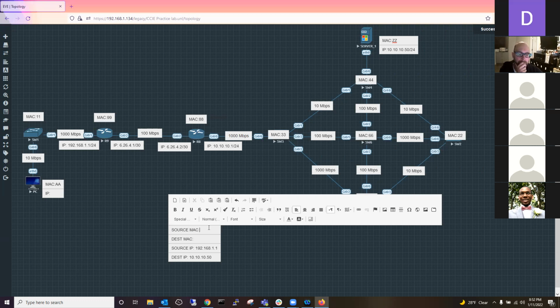So the source MAC is going to be the MAC of the router. And Lamar, you're right, by the way. I'm keeping this topology simple, but in the real world, it would be the MAC address of that interface, because it could be multiple MACs depending on which interface you use. Excellent. And what's that destination MAC address, buddy?